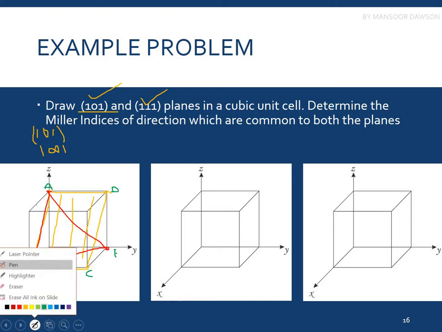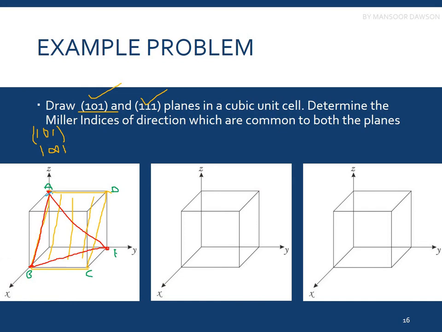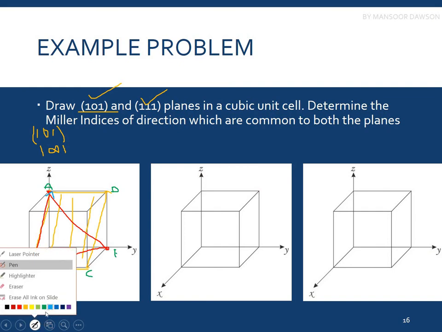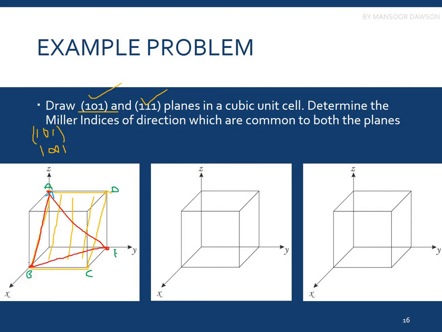So this is the common direction, and it can be from B to A and from A to B. These directions are parallel but different, but they would be within the same family because the direction is the same but opposite.